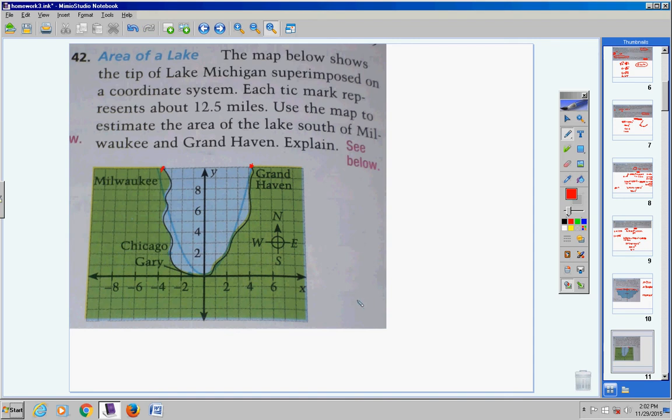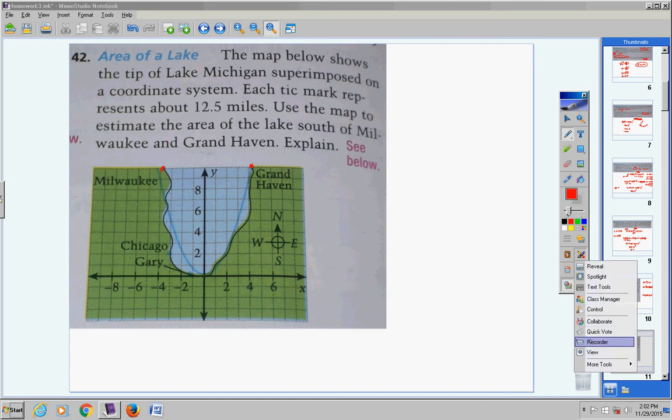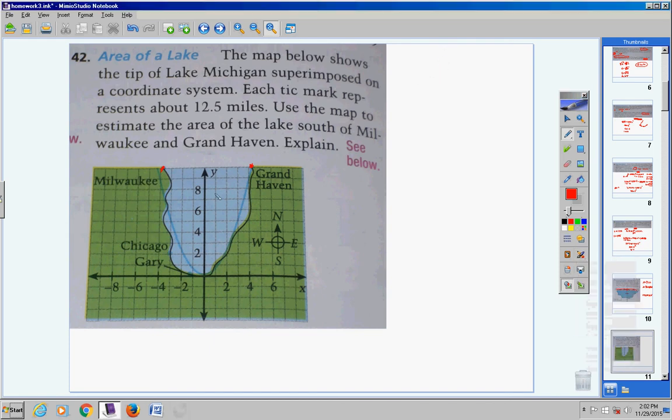And so here we go. If we're going to find the area of a certain region of a parabola, the formula we're going to use is A equals 2/3 B times H. Now here we go. The base of this parabola, and by the way, notice in the word problem, each tick mark is 12.5 miles.